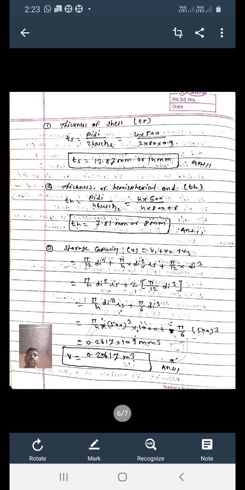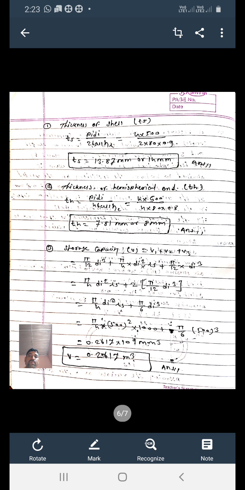V1 and V3 are the same, so I will rewrite the equation: pi by 4 into di square LS, this V2 as it is, plus for first and third, 2 into pi by 12 into di cube. If you solve that, 2 divided by 12, you will get pi by 6 di cube.